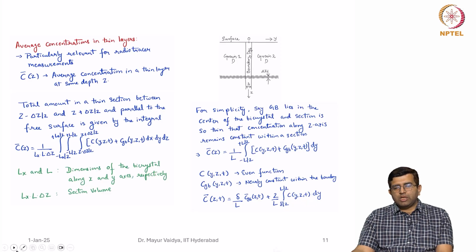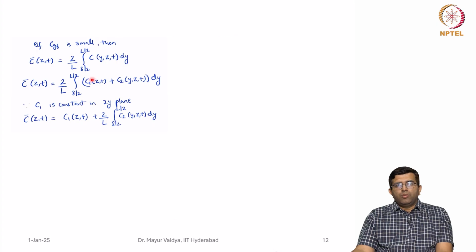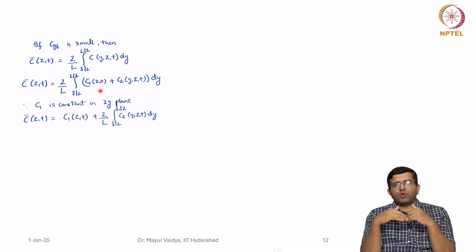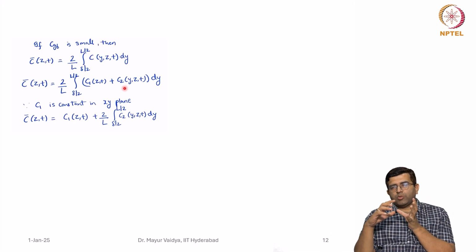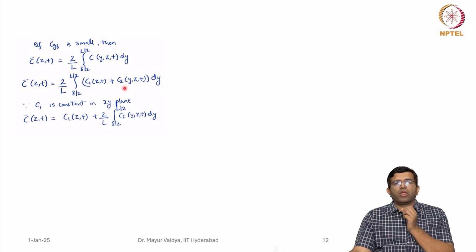You can write this expression in terms of the dimensionless variables also, but before that, if CGB is small, then you can neglect that term, and you can write C bar as 2 by L integral of C of y z t, which again can be written as C1, which is only direct diffusion, plus C2, which also takes care of the diffusion from the y direction. Since C1 is constant in the xy plane, you can write C bar as C1 of z comma t plus 2 by L integral of C2 from delta by 2 to L by 2.